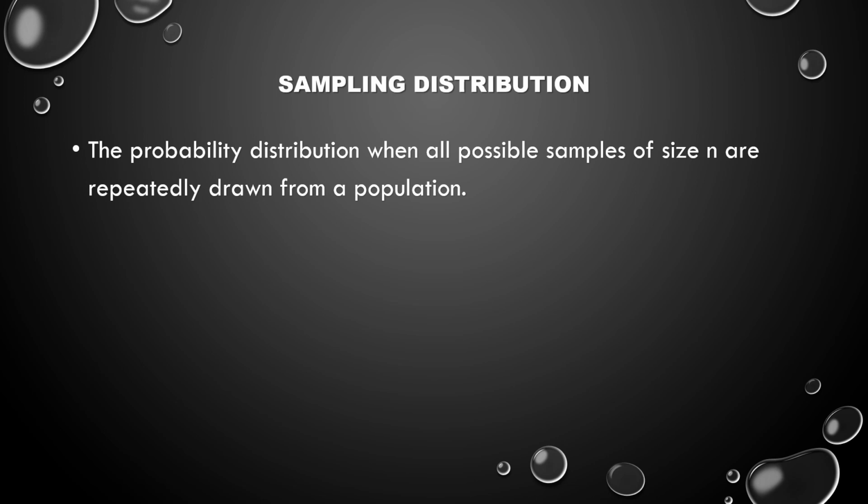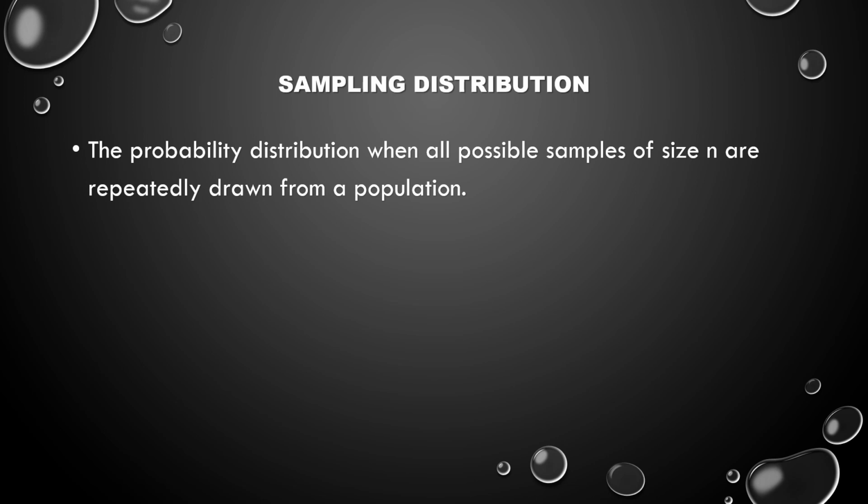We have probability distribution and normal distribution as well, and every distribution talks about probability. Same thing here, we are talking about the chances of you choosing a combination of samples which has your sample mean on it.